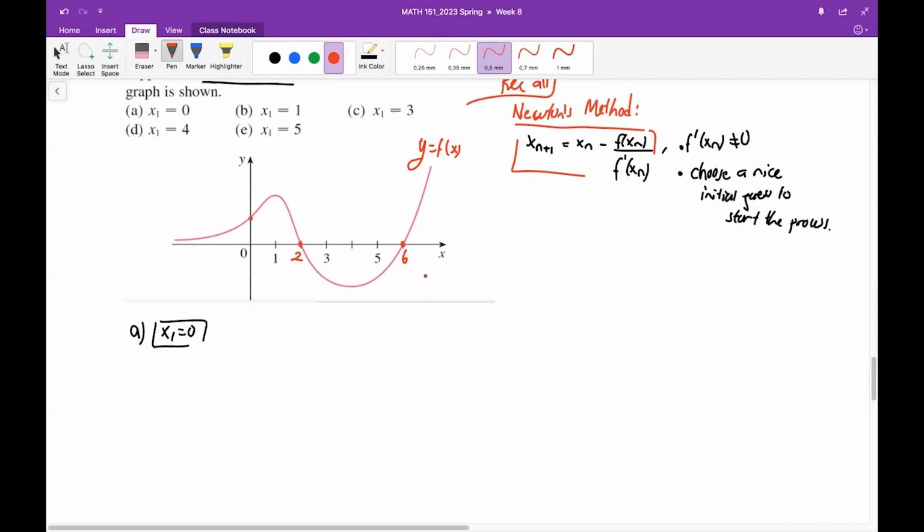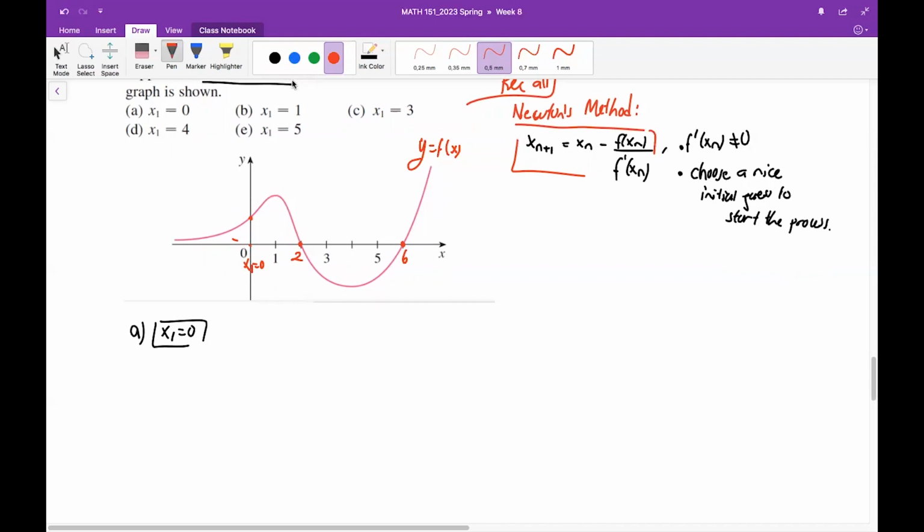Let's pretend we don't know the roots and we are trying to approximate them by using Newton's technique. The question is, if you start applying Newton's technique with this initial guess where x1 is 0, does it work? There is a geometrical way of understanding if the technique is working or not. Here is how you can check that.